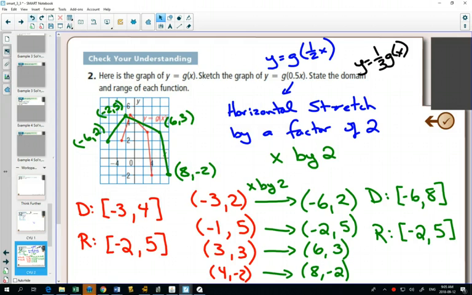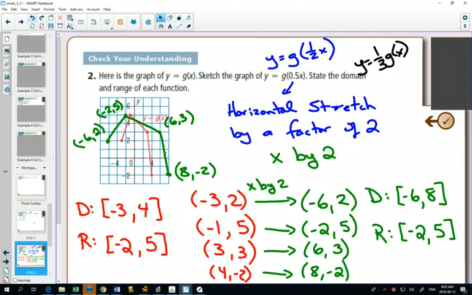But what we're going to tell you is the domain and range of the original red graph, even though you can't see the picture, is this. Can you tell me the domain and range of the green graph without having the graph? Why is it that the range stayed the same? Because we're just affecting the x.